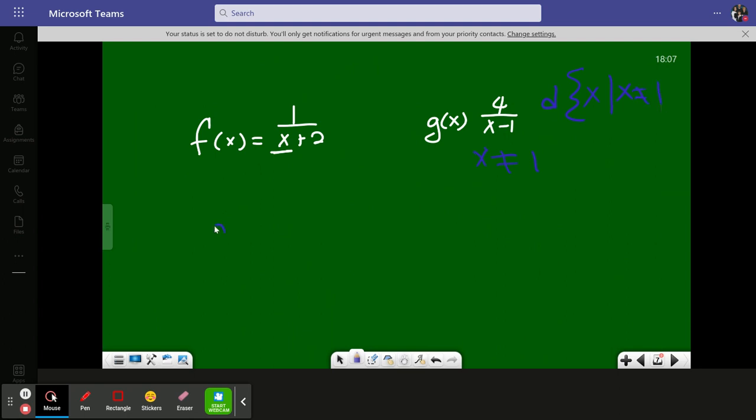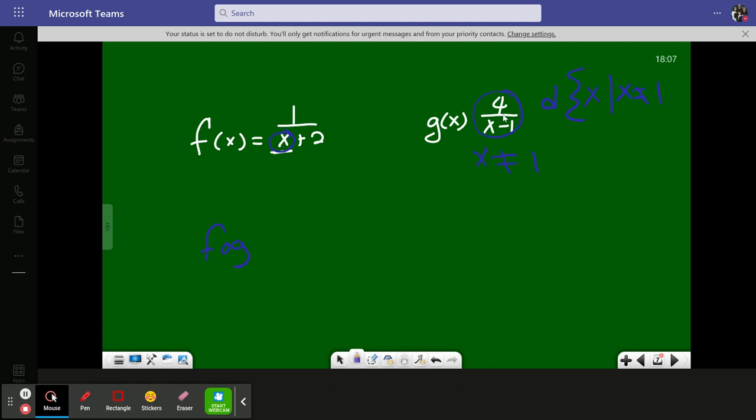But now, if I'm doing f of g, this whole thing has got to go in for that x, right? Well, what can this x not be? -2, right?